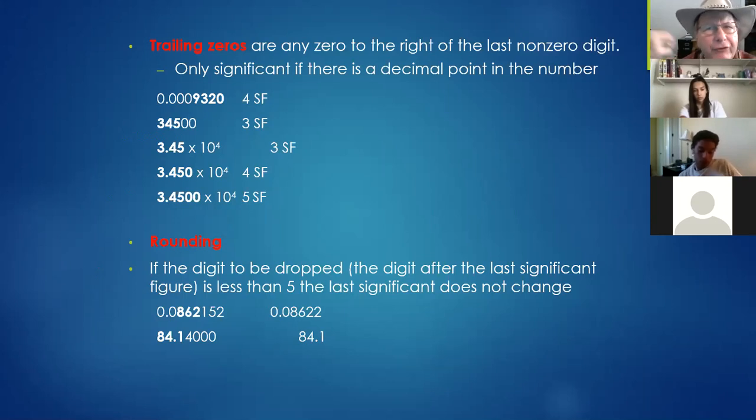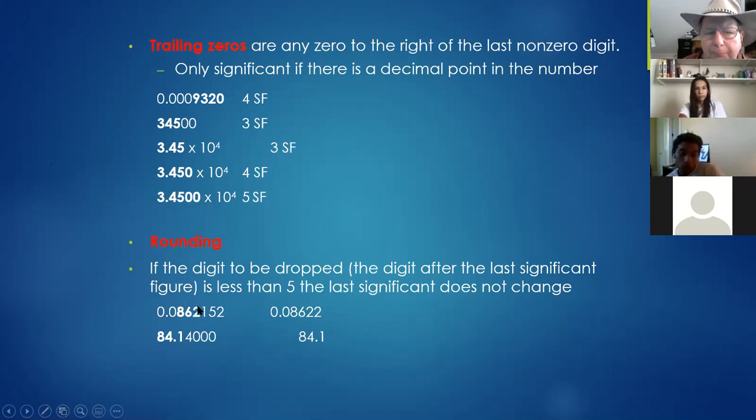We figure out how many significant figures we can have, and we start from the left, and each place counts 1. So if I have 3 significant figures for this number, the 862 are the numbers I'm going to report out.